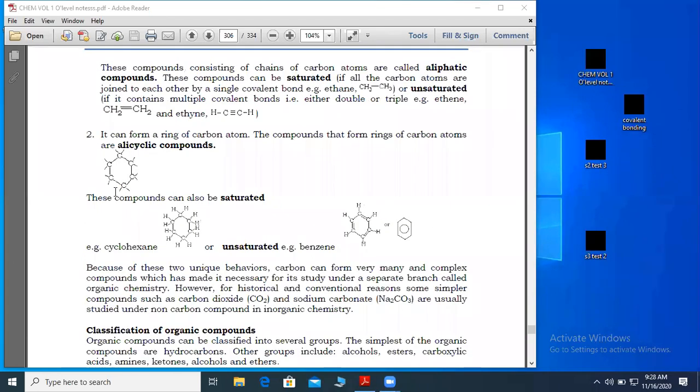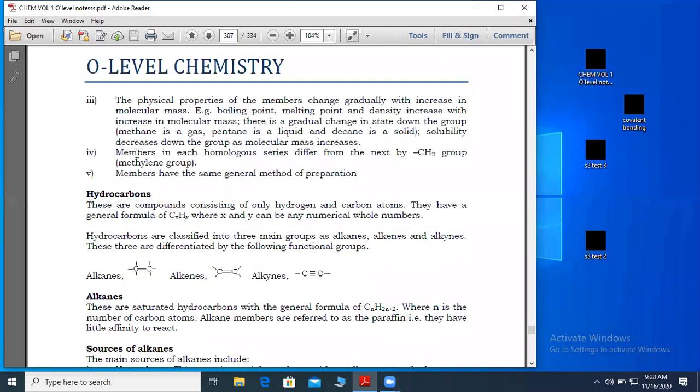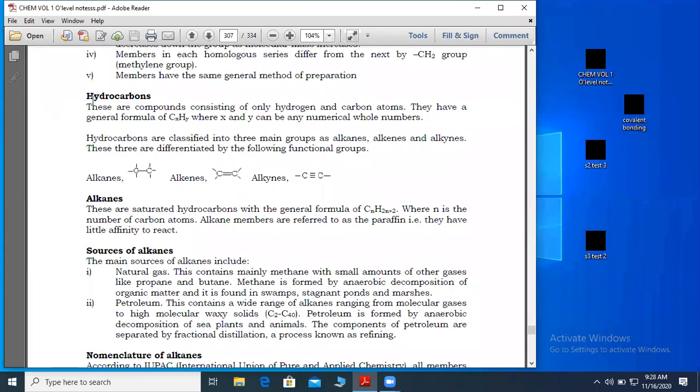So what is important? Saturated compounds are compounds where the carbon atoms are joined together by a single bond. Unsaturated compounds are those where the carbon atoms are joined together by multiple covalent bonds. Multiple covalent bonds can be 2 bonds or 3 bonds.